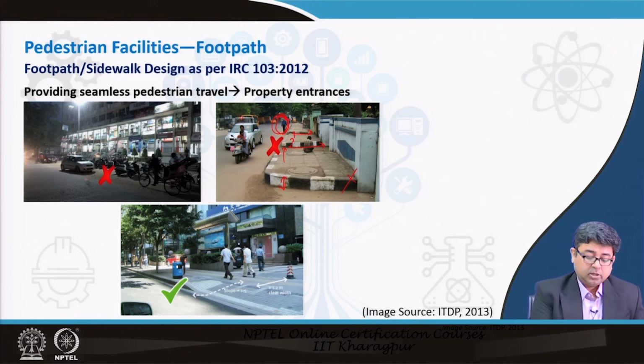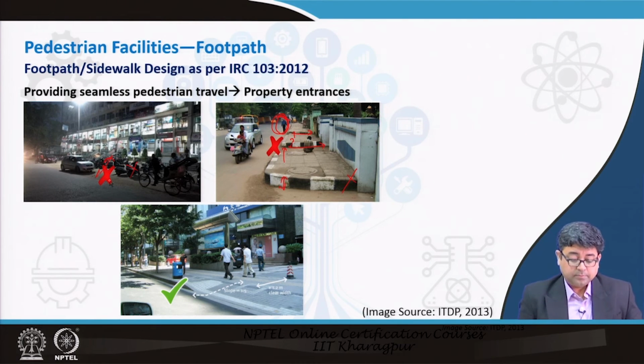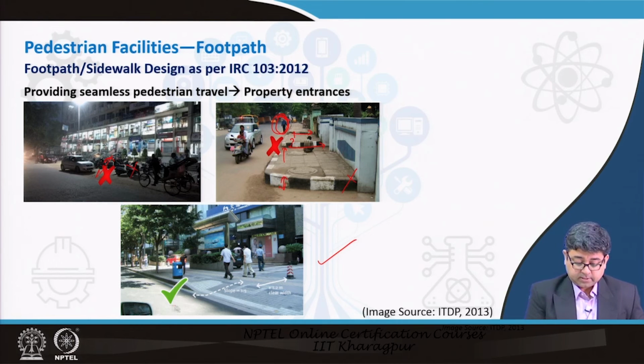Here again, a lot of parking on the footpath, right. So, although there is a wide footpath here, it is completely encroached upon by parked vehicles. So, this is the proper design for property entrances. From the pavement, from the right of way, you have an upslope in the furniture zone, and then there is a clear pedestrian zone.